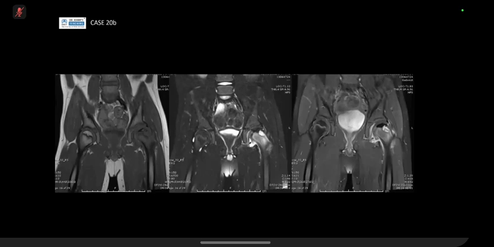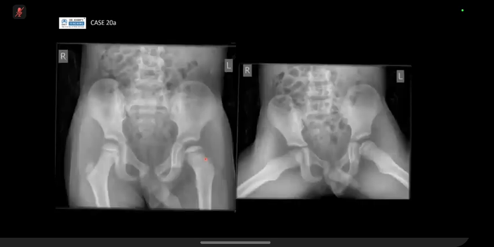Okay, cool. All right, so same MRI. We're going back to the X-ray first. As everyone has mentioned, there is flattening, there's sclerosis of the femoral epiphysis. There is some lucency here. It's not there on the other side, and essentially the hip is still enjoined. There's no slip at all.